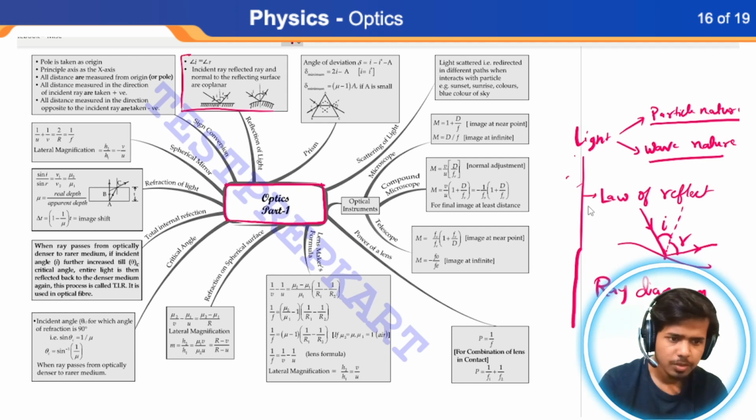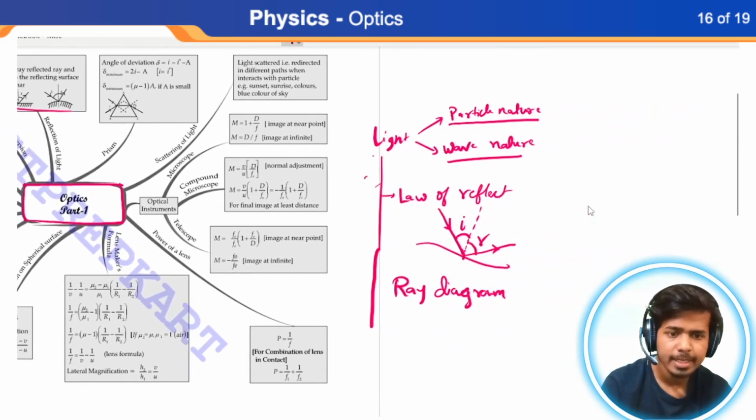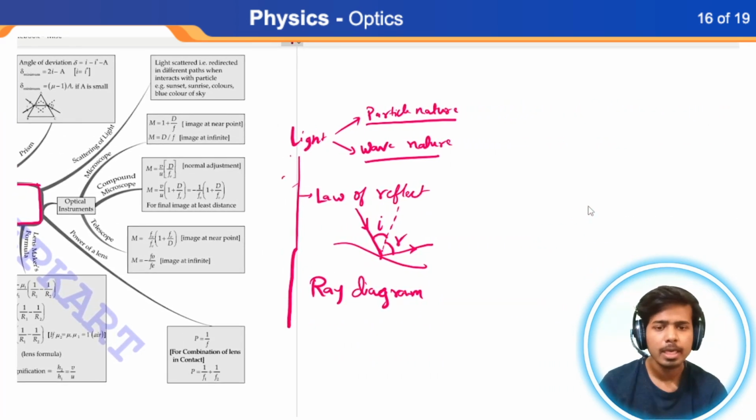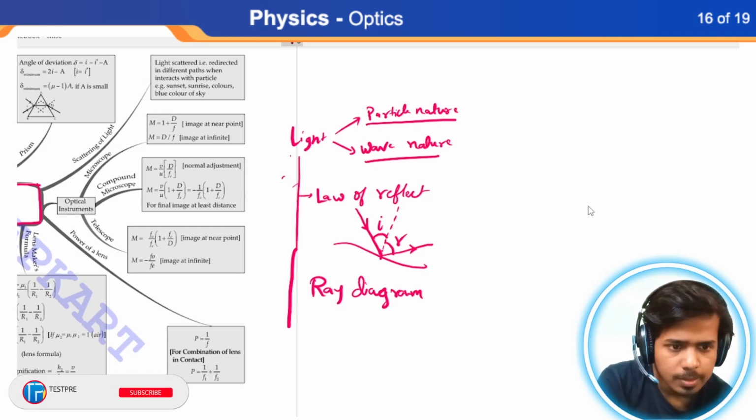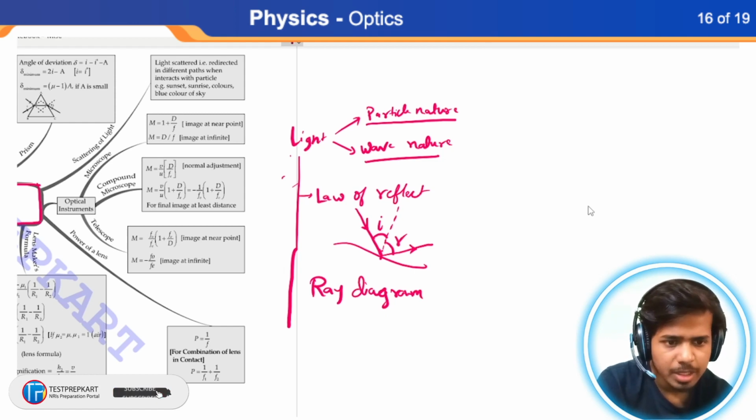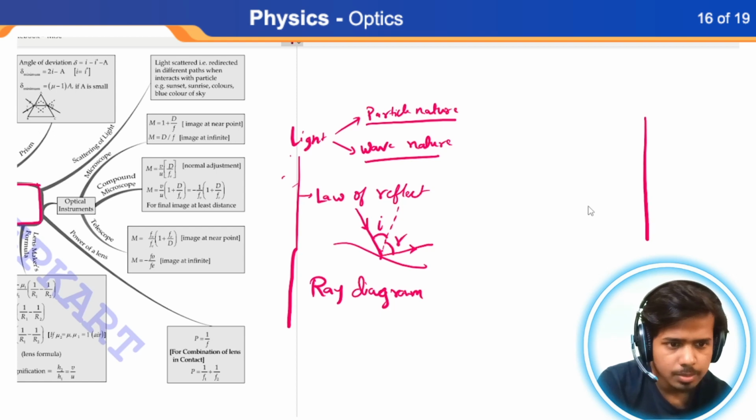Basically, we track the rays coming from a particle, and then whatever it is doing, passing through a prism, or reflecting from a mirror, things like that. First of all, if there is any optical instrument, let's call this mirror a plane mirror.